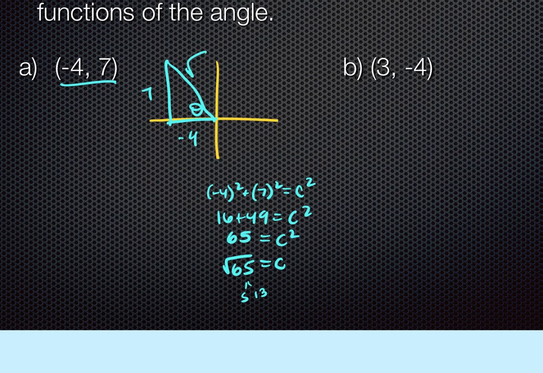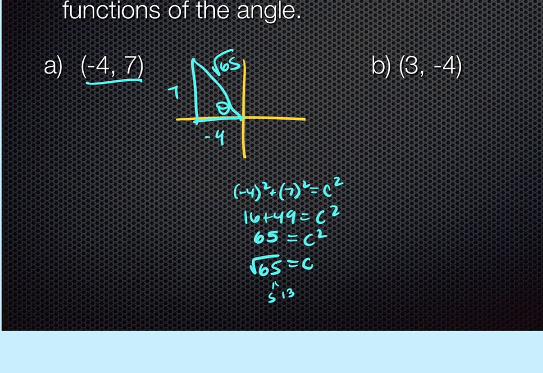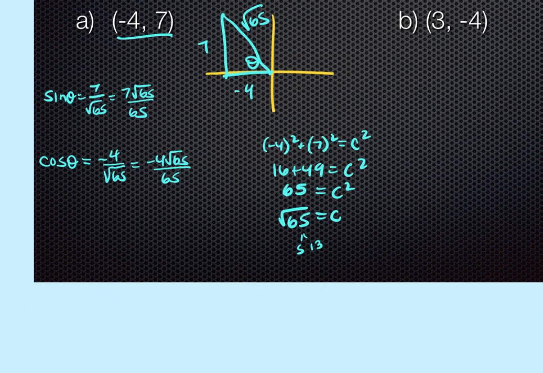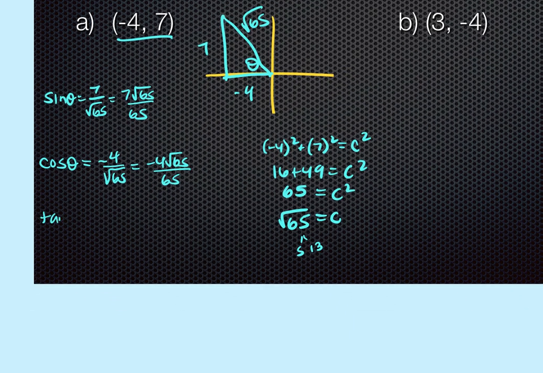So it stays as square root 65. So my sine, 7 over square root 65, which is 7 root 65 over 65. Cosine, negative 4 over root 65, which becomes negative 4 square root 65 over 65. Tan, negative 7 over 4.